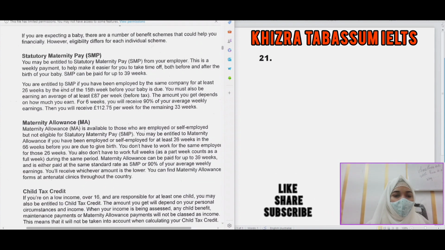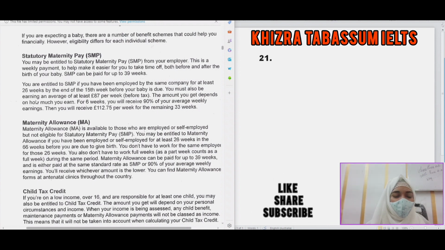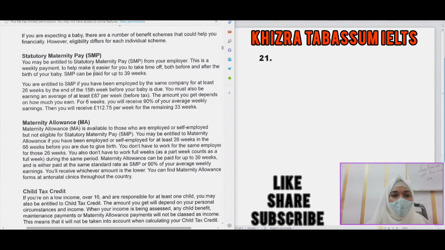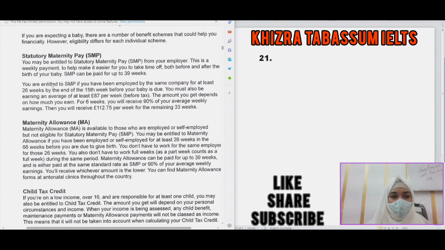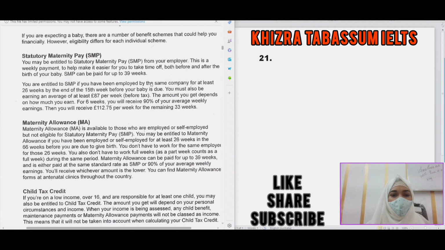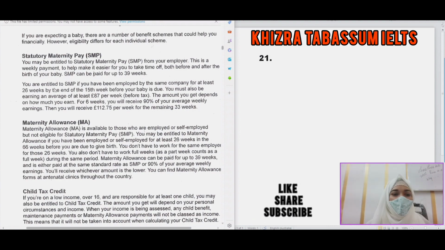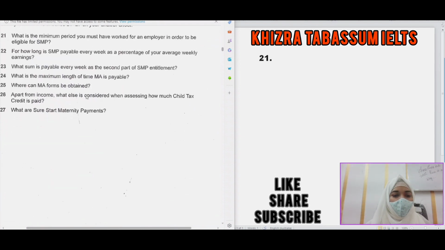You are entitled to SMP if you have been employed by the same company for at least 26 weeks. Yes. So this scheme is eligible if you are entitled, means you worked. Concentrate on the paraphrase, the synonym. Entitled to SMP if you have been employed by the same company for at least 26 weeks. Okay.